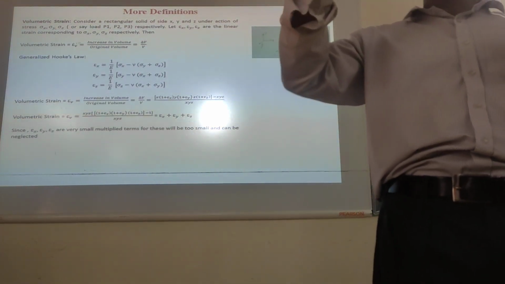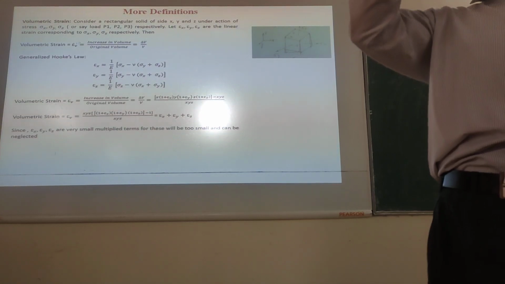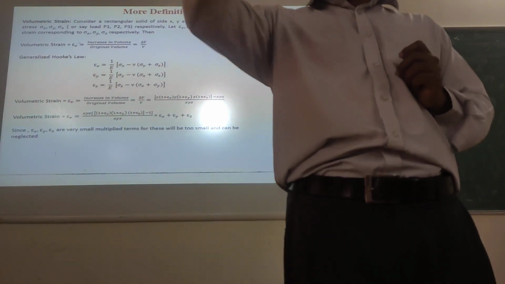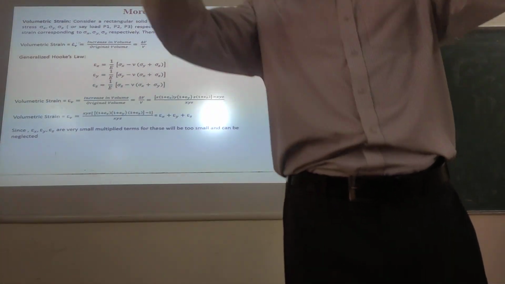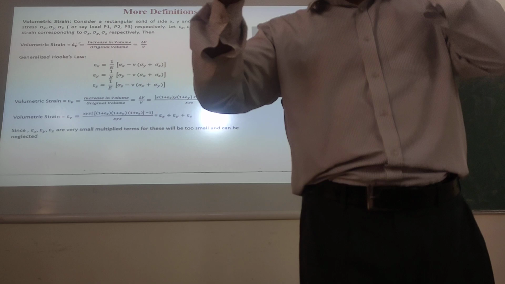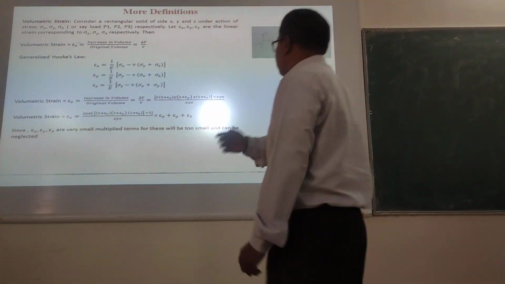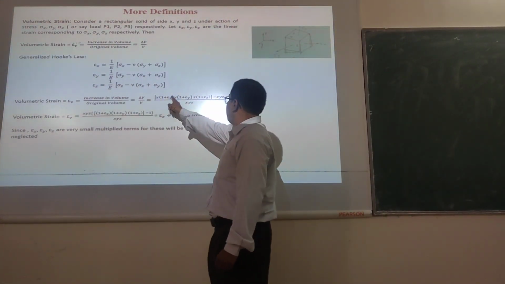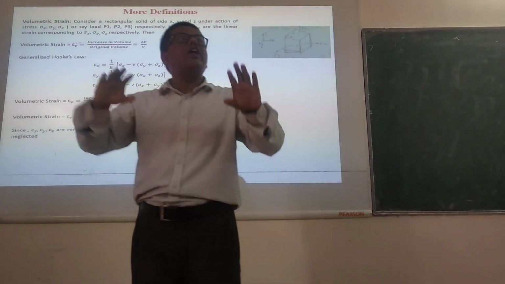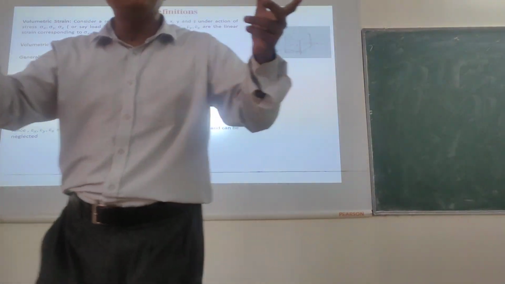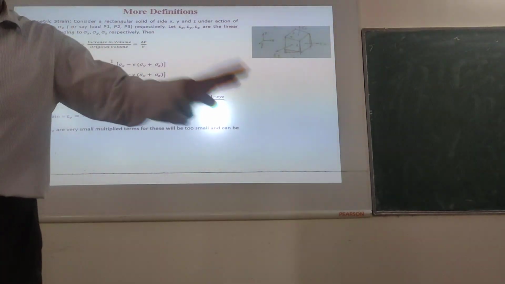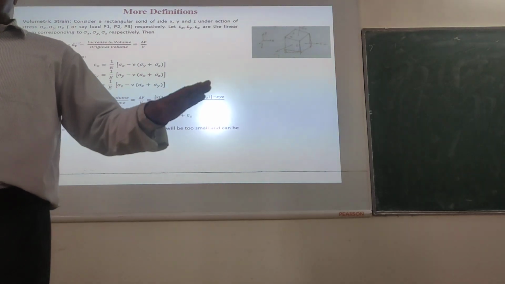So 0.002 multiplied by 0.002, how much will it come? 0.000004. So it becomes a very small number. That is why such terms, epsilon x epsilon y, epsilon y epsilon z, and epsilon x epsilon y epsilon z, become even smaller. So all these terms we are neglecting.